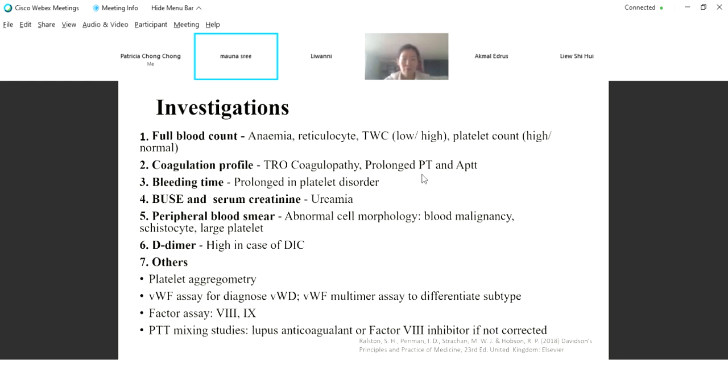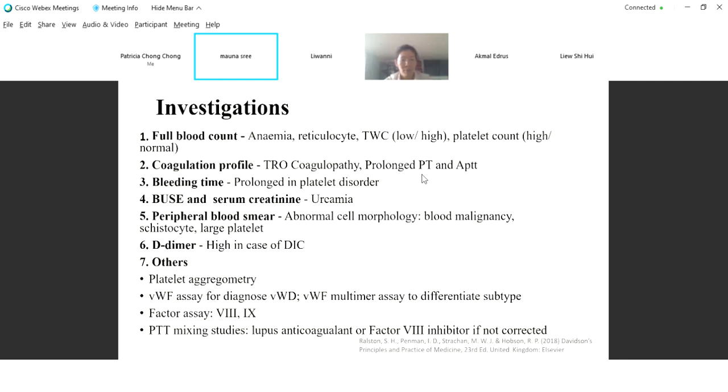Next, for investigations, the first investigation is full blood count. As usual, we have to look for any form of blood disorders such as anemia, leukemia, and lymphoma. For coagulation profile, we have to rule out coagulopathy, prolonged PT and APTT.